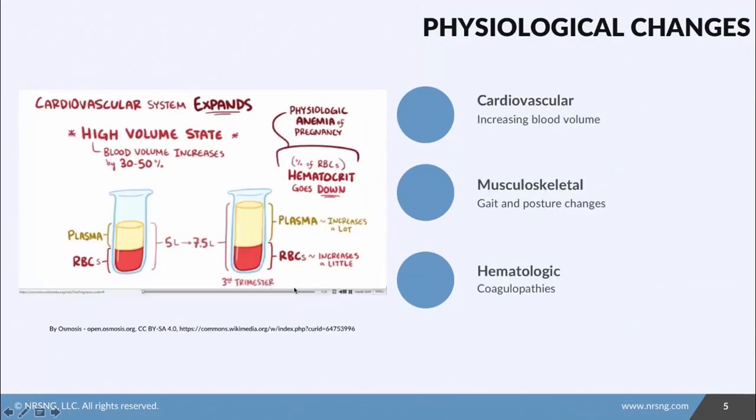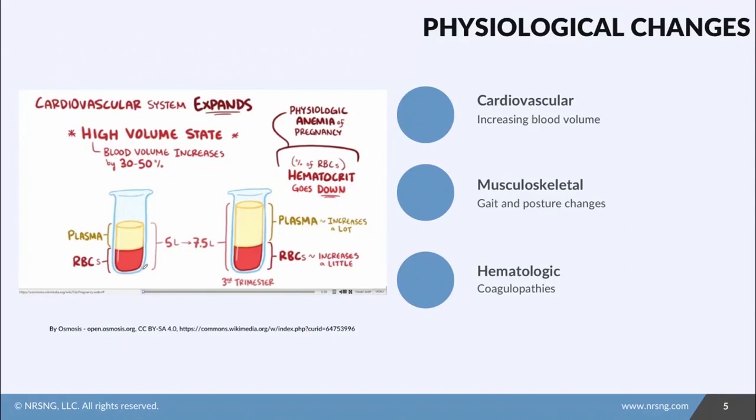So here with our cardiovascular system, there are a lot of changes happening. We have an increase in blood volume because of the aldosterone increasing that plasma level. This picture is going to give a better visual of this. So we have the increasing volume, we have more plasma, more red blood cells.